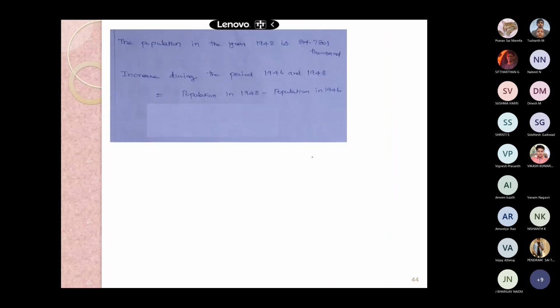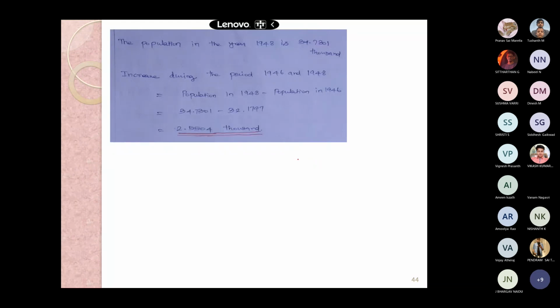So the population in the year 1948 is 34.7301 thousand. Concerning 1946, it is 32.1799.